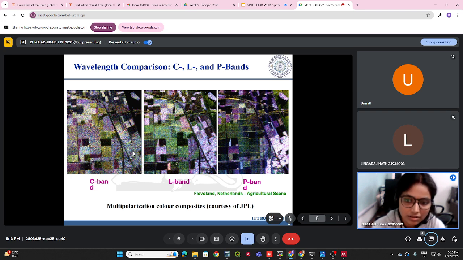We can see things at different levels. C band can see the very upper part of the target. L band can penetrate to some extent, 2 to 3 centimeter, so it can see that level of our terrain features. Further, P band can see some more features in depth because it has the highest wavelength.